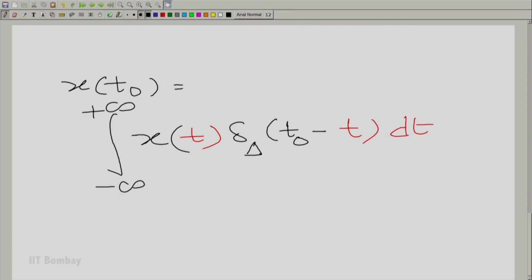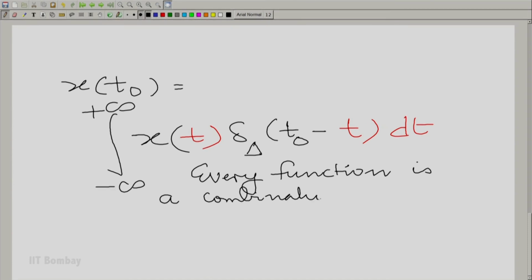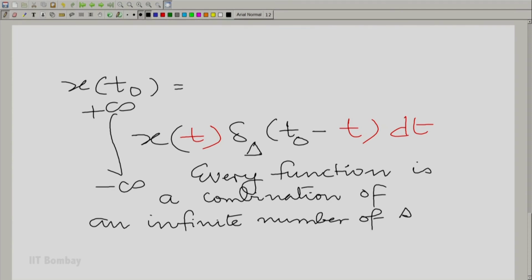So, here this makes a totally different statement. This says that every function is a combination of an infinite number of such pulses, such very narrow pulses. This is a very important idea.